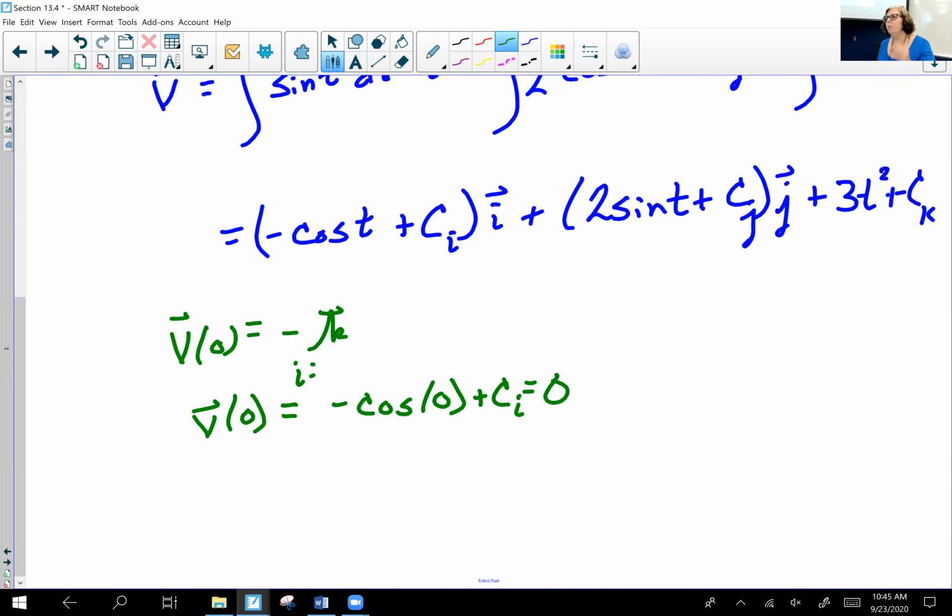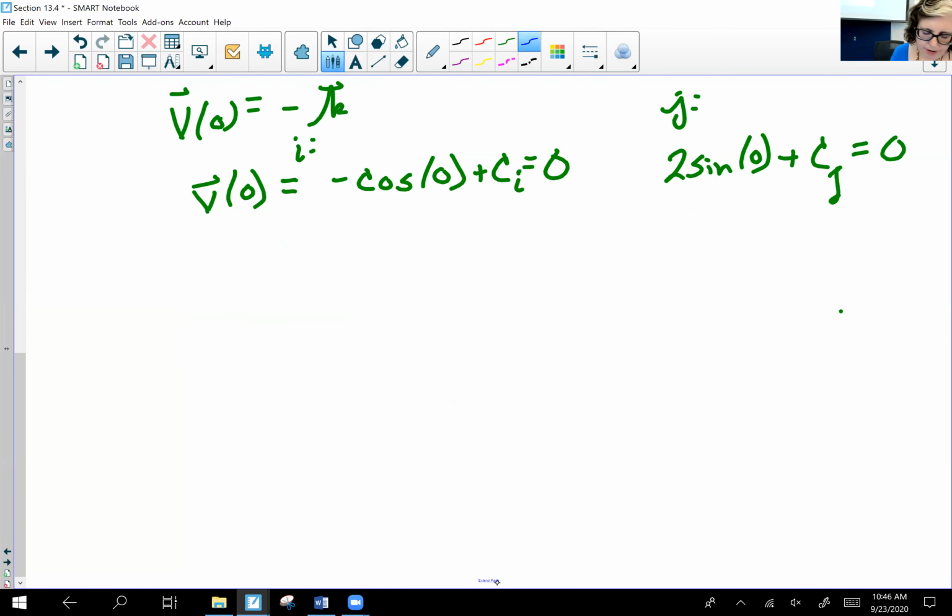The reason it equals 0 is because of the information I was given about V naught. K is the only one that has a number in front of it, correct? So this one has to equal 0. For the J component, we're going to have 2 sine of 0 plus C sub j equals 0.